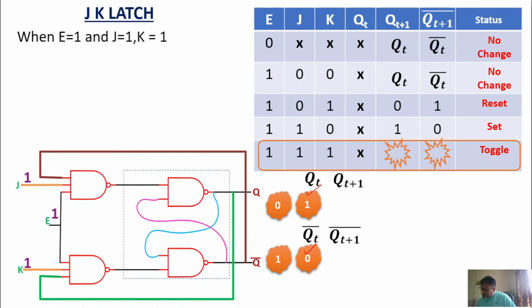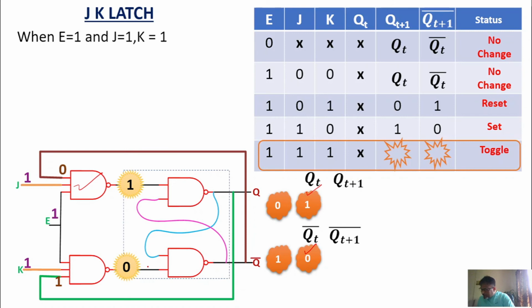Now Qt is 1, Qt bar is 0. Let us see what happens to this gate. This particular gate will have Qt bar. Here you can see Qt bar is 0, and the moment any one of the inputs is 0, the output will be 1. Here 1 1 1, the output will be 0.